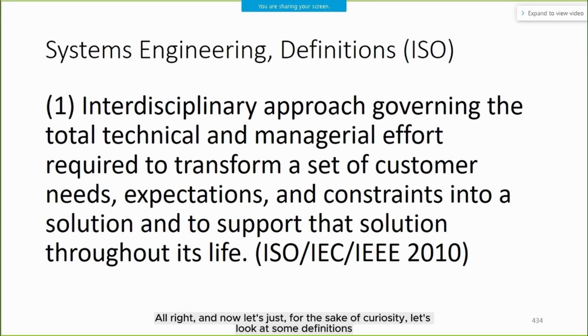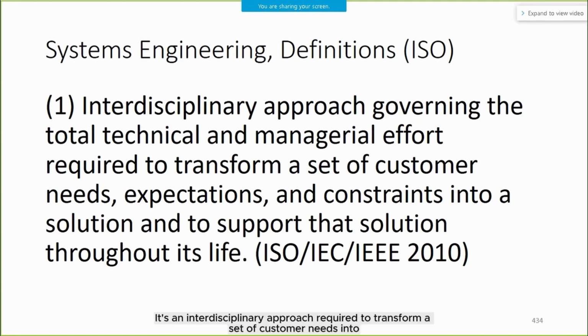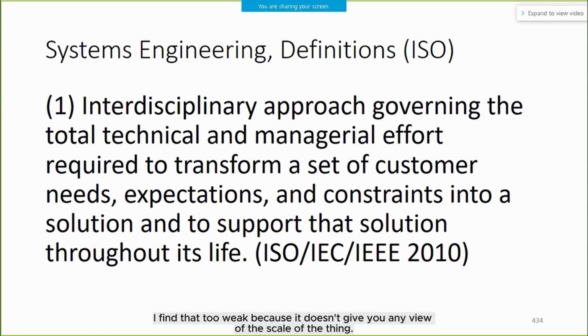All right. And now let's just, for the sake of curiosity, look at some definitions of systems engineering. So this is the ISO IEEE definition of systems engineering. It's an interdisciplinary approach required to transform a set of customer needs into a solution and to support that solution throughout its life. I find that too weak because it doesn't give you any view of the scale of the thing.